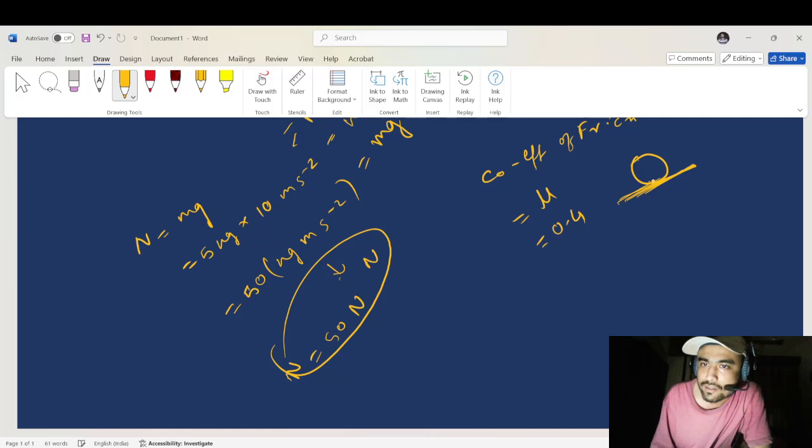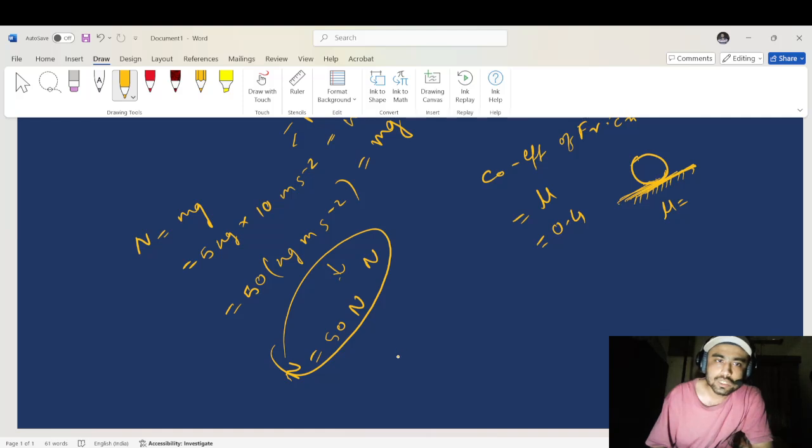So it is between the lower surface and the surface beneath this object. So the coefficient of friction mu is always between two surfaces. The coefficient of friction between these two surfaces is equal to 0.4.